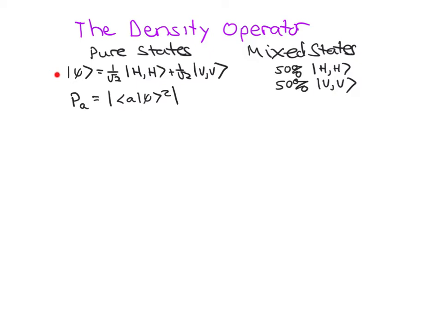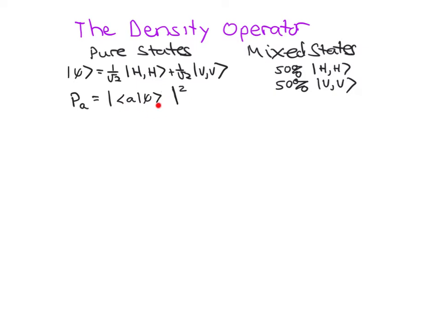And to date, most of your encounters in quantum mechanics have been with pure states of one sort or the other. And when you're dealing with pure states and you want to calculate the probability of some event A, we have a well prescribed method of doing that.